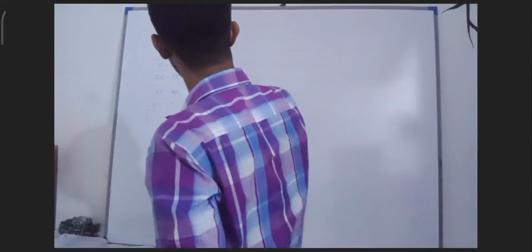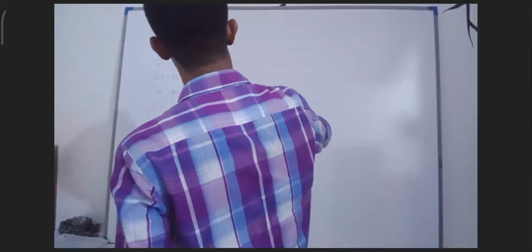The salaries are given in thousands. And the number of employees is basically the frequency: f is equal to 9, 11, 14, 10 and 6. Now summation of f is equal to 50.